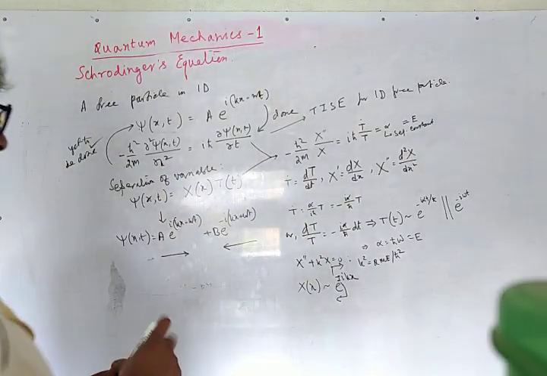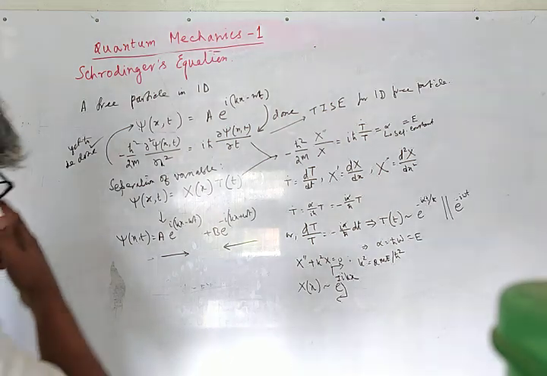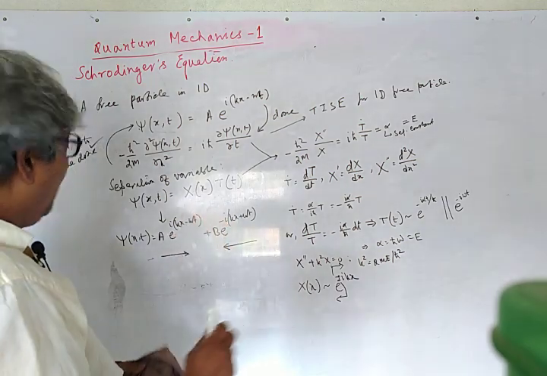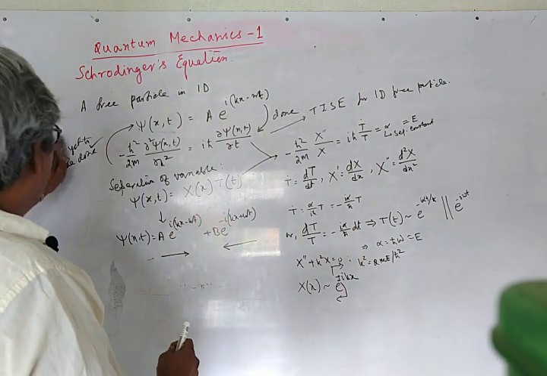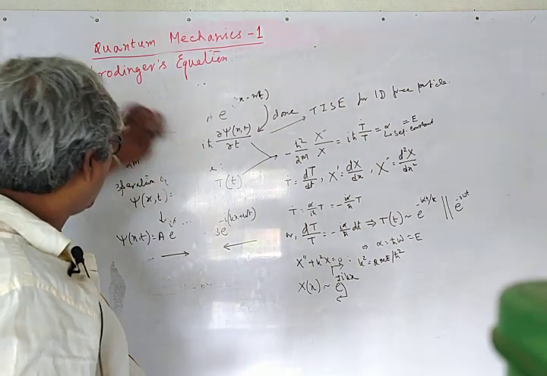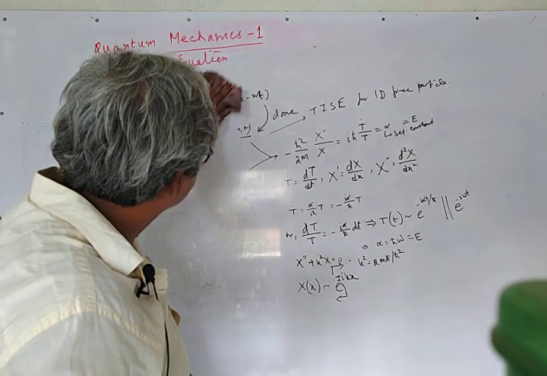What happens to the situation when the particle is subjected to a force field? We are confining ourselves to the one-dimensional case only. When a particle is subjected to a force field, the force may be conservative.